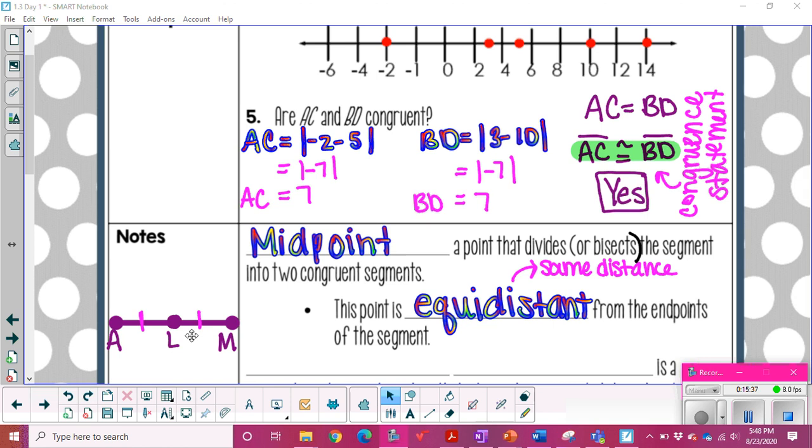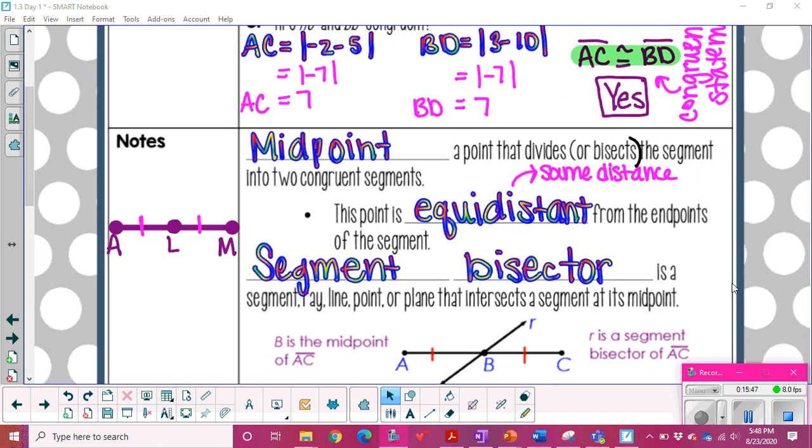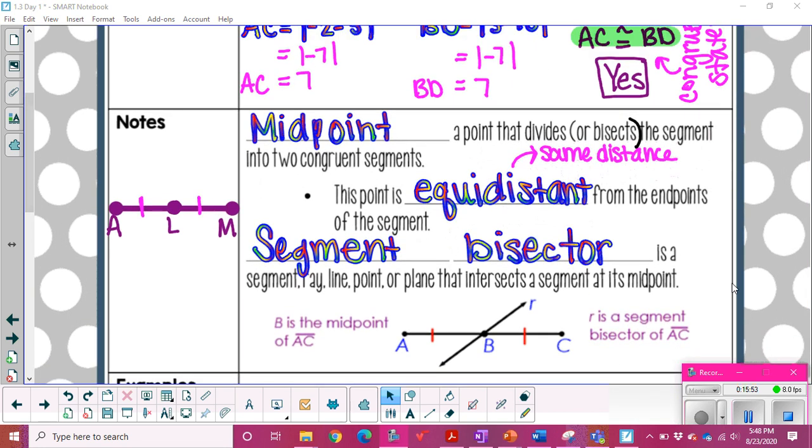All right, let's talk about a segment bisector. A segment bisector is a segment, ray, line, point, or plane that intersects a segment at its midpoint. Looking at this drawing, I've got segment AC drawn.